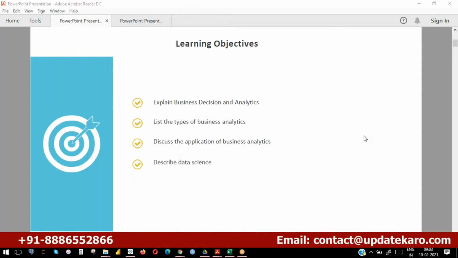So it is very important as a business analyst. There are many roles in business analytics. You can go as a business analyst, data analyst, business insights head, Tableau consultant, Power BI consultant, or R consultant. There are many other tools.